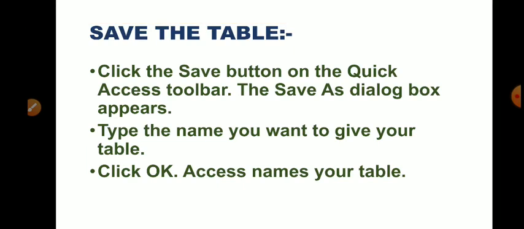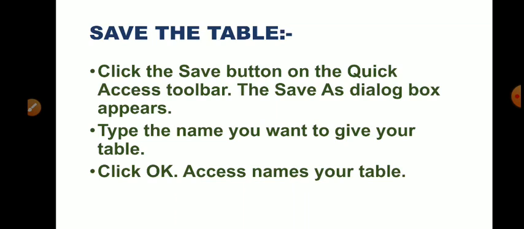The last step of ours is to save the table. So how to save a table? For saving a table, we have to click the save option. When we click the save option, we have to type a name for our table, whichever I want to provide. Like if I stored the record of class 8th and I want to provide the name of the table, which name would I prefer?